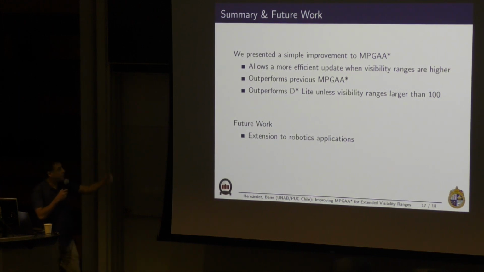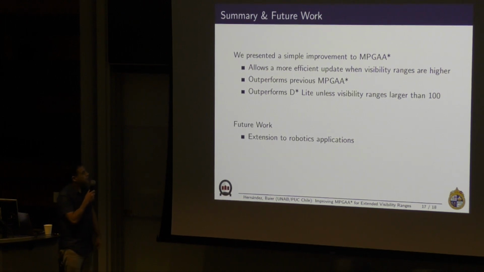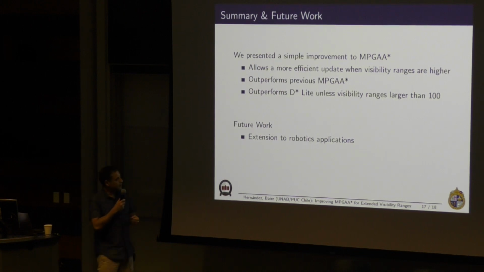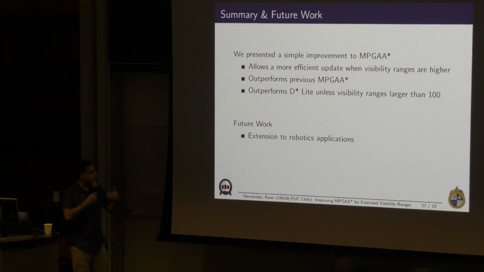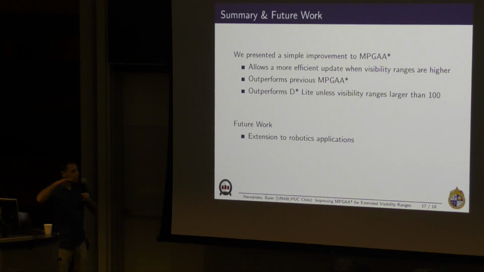We present a simple improvement to MPGAA star that allows more efficient updates when the visibility range is higher. We outperform our previous version of the algorithm and outperform Starlight unless the visibility range is larger than 1,000, because we did some experiments where the agent can see all the environment, and in this case Starlight performed better than MPGAA star for an omniscient agent.